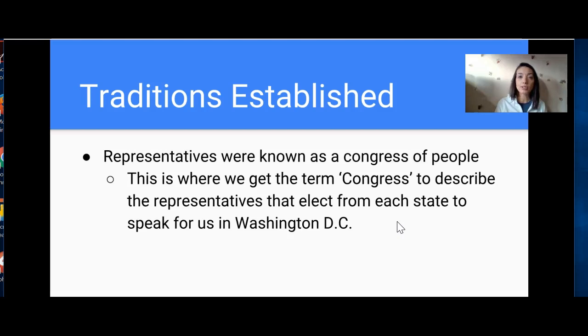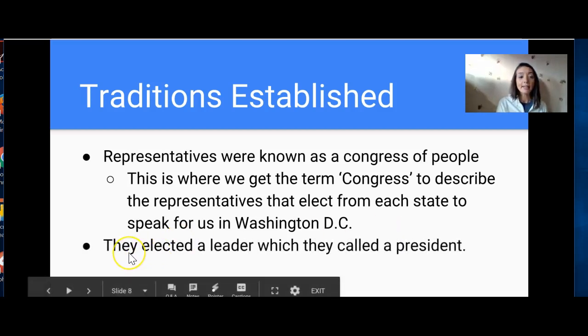So from each state, we get 2 representatives that are sent to Washington, D.C. to speak on our behalf. And later on, we're going to get into how Congress is divided, and that is the Senate and the House of Representatives. So we'll save that part for a little bit later. But the people that we elect in the state of Washington go to Washington, D.C. to represent us and our voices.